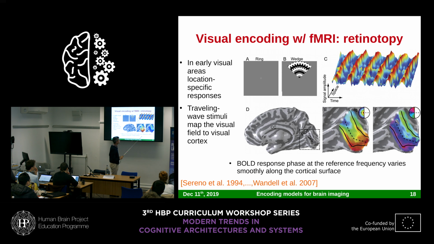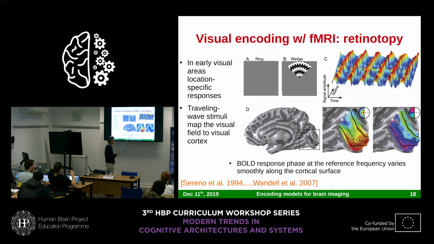So when we map the phase information with the wedge stimulus, we obtain this map on the V1 visual cortex. Here we have drawn V1 on the cortex. And you see a smooth mapping from the lower meridian to the upper meridian, where the left part of the visual field is represented on the right visual cortex.